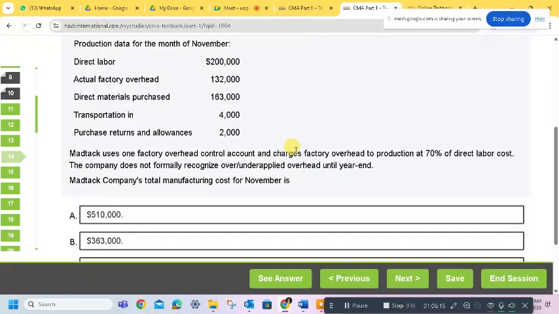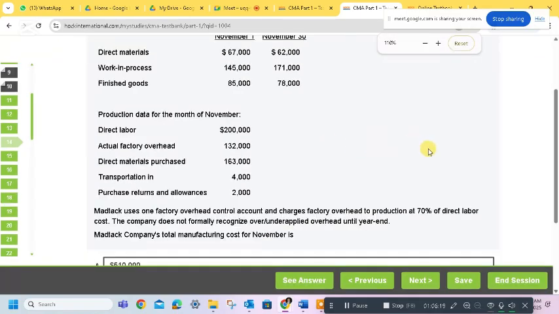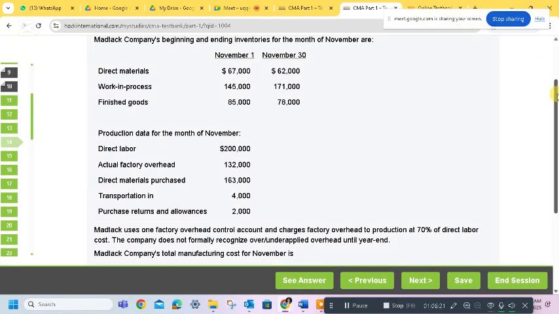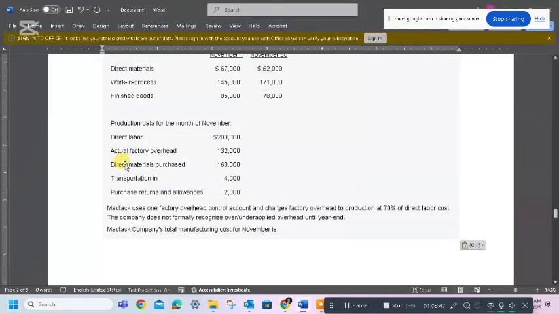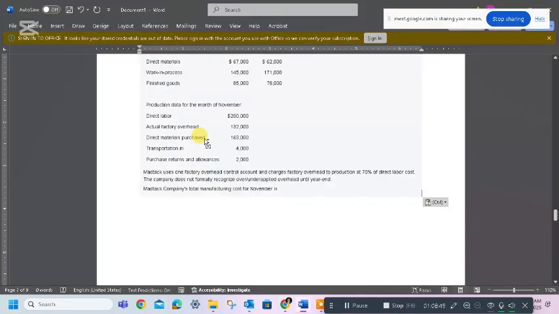What is this? Company's total manufacturing cost for November. Okay, let me start. Material purchase is going to be 163,000 plus transportation in 4,000 minus return outwards.